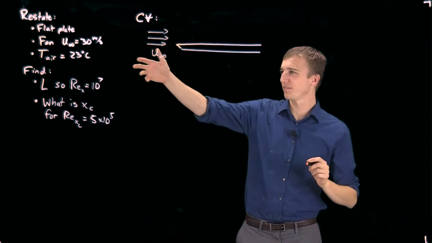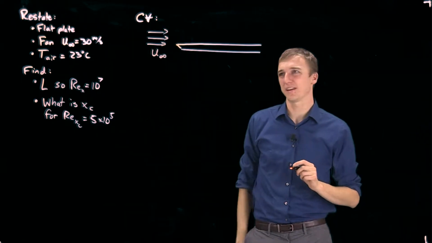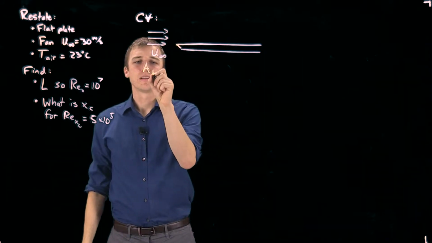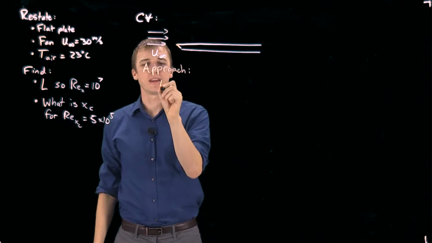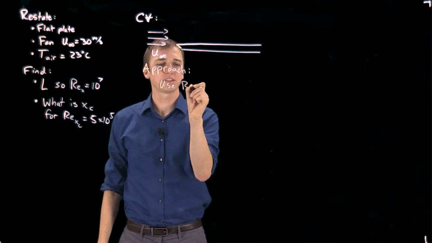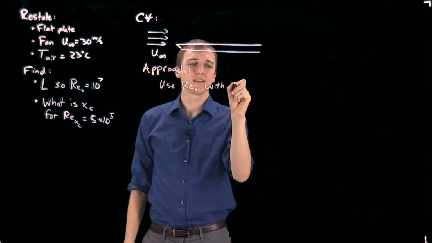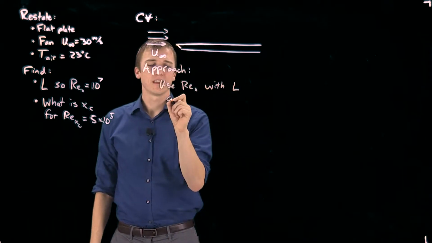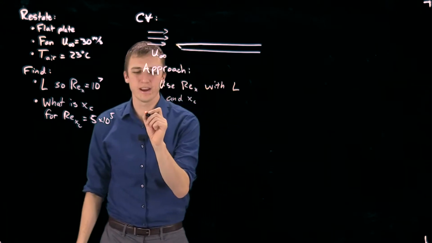U infinity will be 30 meters per second, being the maximum possible speed of the fan. Our approach for this problem is to use the definition of the Reynolds number and combine that with the idea of finding L and finding xc. So let's go ahead and do that.